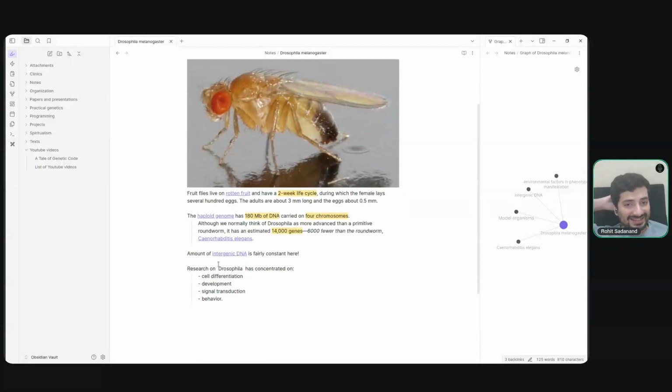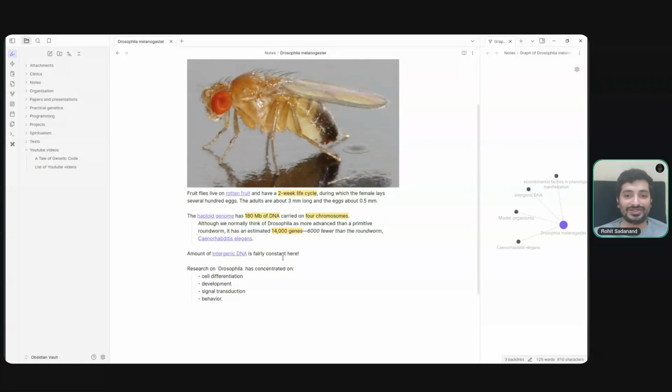And this is again a funny thing. You might think that that 1 millimeter long roundworm is a lower organism and that it probably is less complex as compared to this large Drosophila, which has all these structures. It has these large eyes, it can see things, it has wings, it can fly, it has so many limbs and a digestive system and all that, but it has fewer genes.